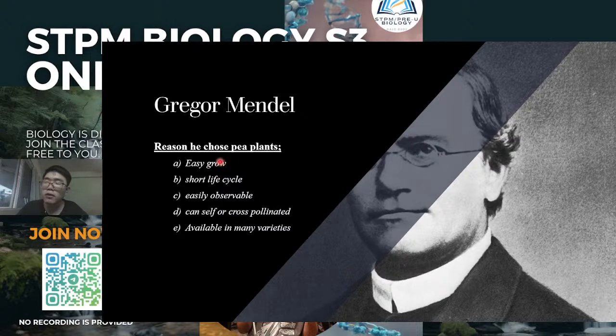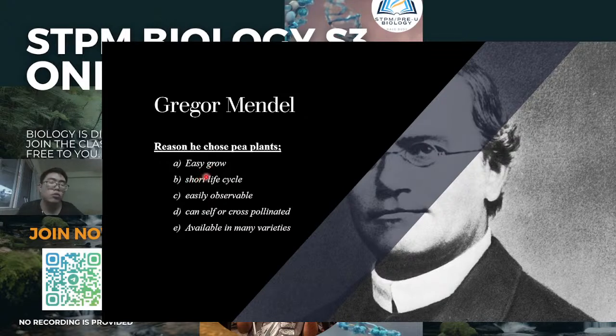Compared to woody plants, because pea plants are non-woody plants, woody plants are not easy to grow. And some types of plants require a very specific environment, specific conditions to grow. But pea plants are easy to grow. If you provide the minimum requirements, pea plants can already grow.